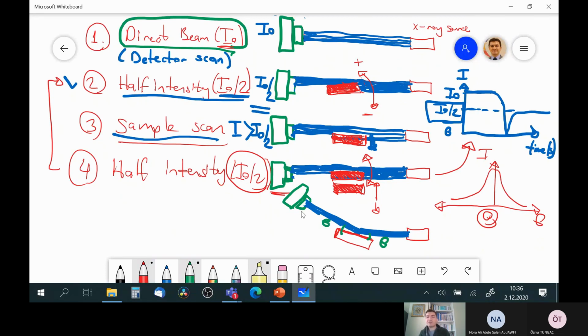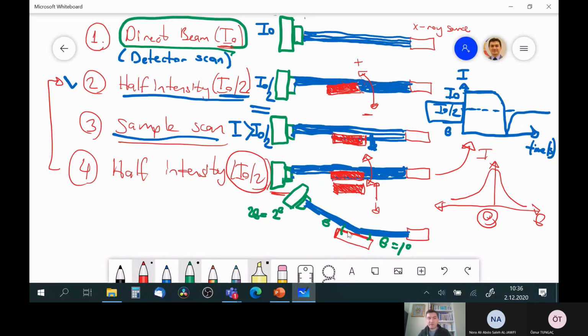So we have changed the position of the detector. Now the detector is at another 2 theta angle, but this is a very small angle, let's say 2 degrees, and theta is 1 degree. Actually, it must be half of the 2 theta.